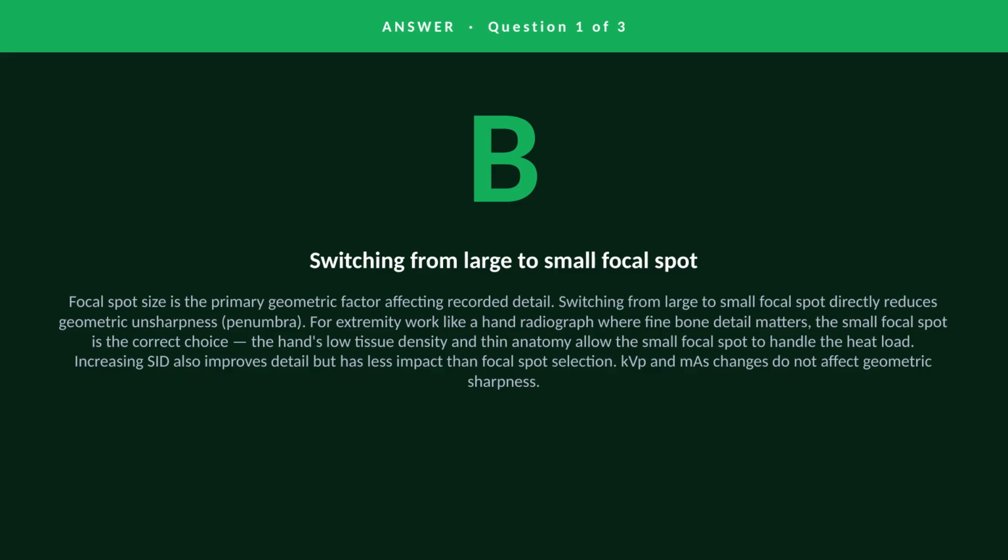For a hand radiograph where fine bone detail matters, the thin anatomy allows the small focal spot to handle the heat load comfortably. Increasing SID also helps but has less immediate impact than focal spot selection. KVP and MAS changes do not affect geometric sharpness.